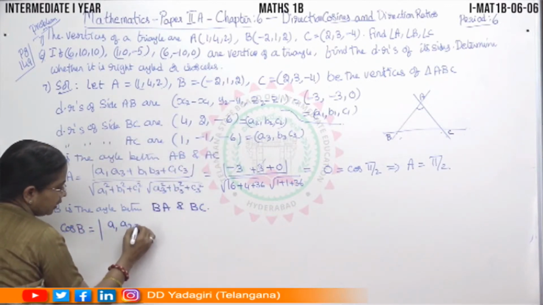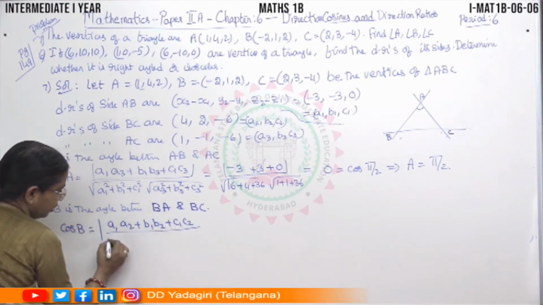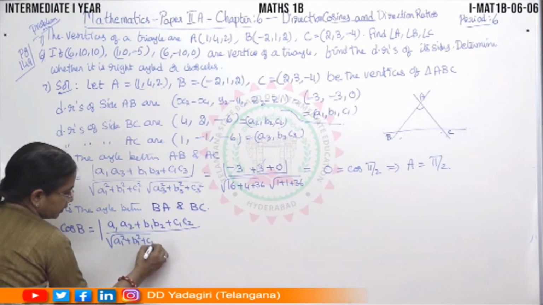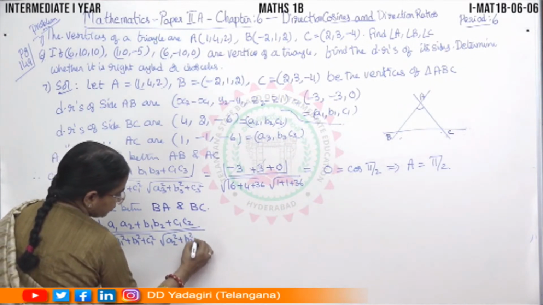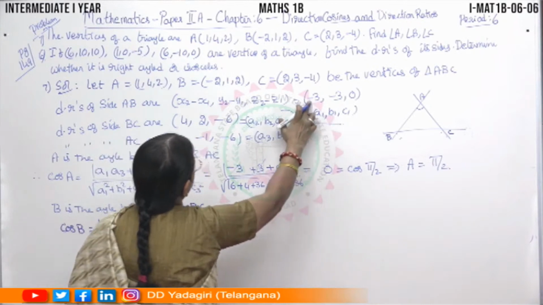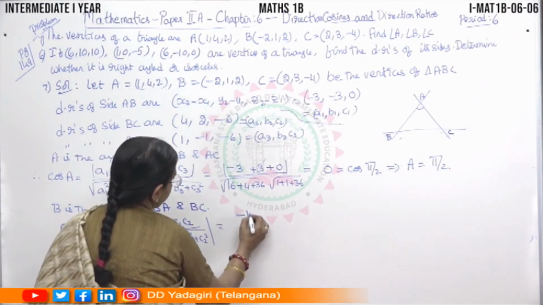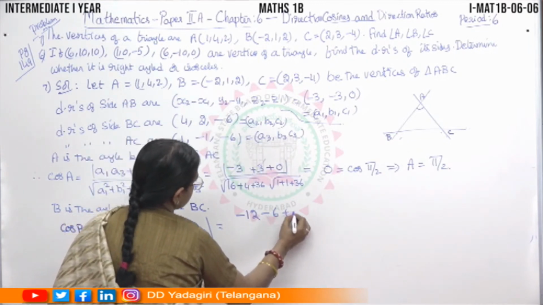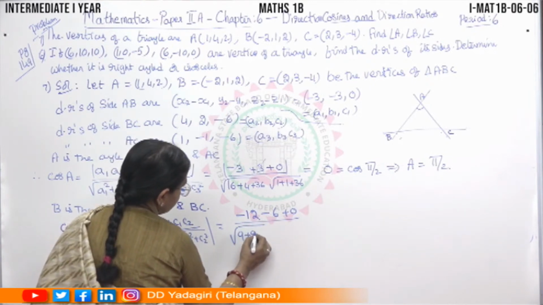So cos B is equal to a1 a2 plus b1 b2 plus c1 c2 by root of a1 square plus b1 square plus c1 square into root of a2 square plus b2 square plus c2 square. Now a1 a2 means minus 3 into 4 is minus 12, and minus 6 plus 0 by root of 9 plus 9 plus 0.